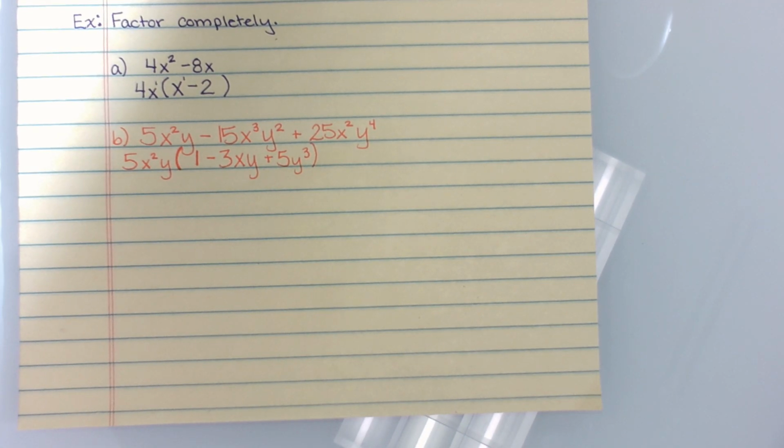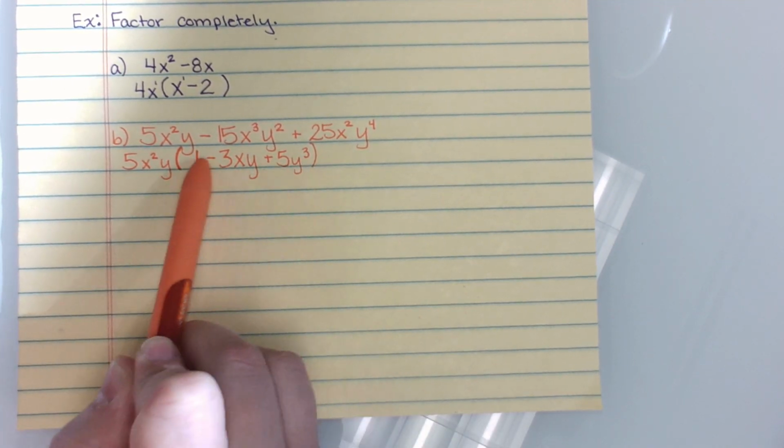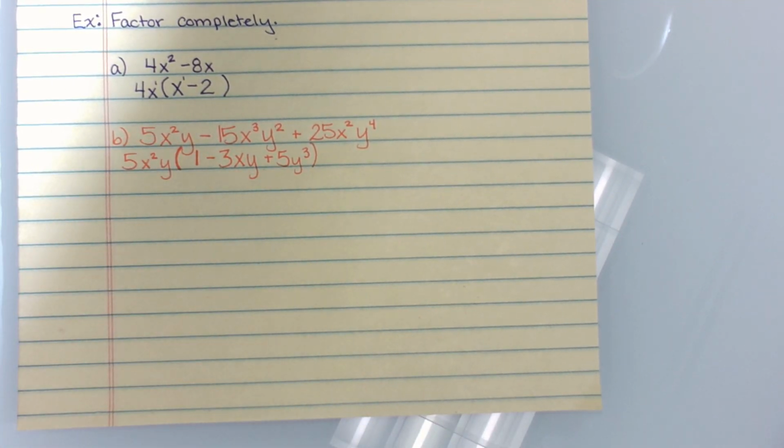Okay. So, generally speaking, when we factor, most of the time we want things in what's considered standard form for a polynomial, which means biggest exponents first, then decreasing in exponents as you go.